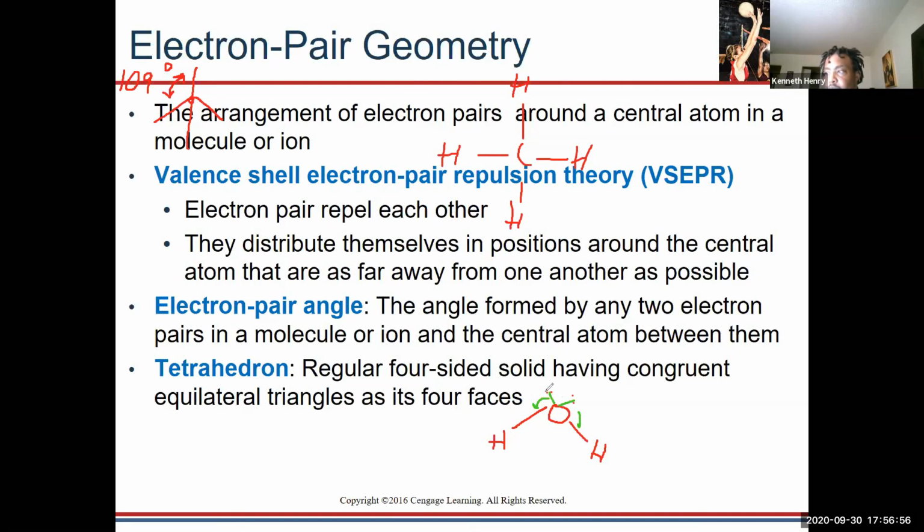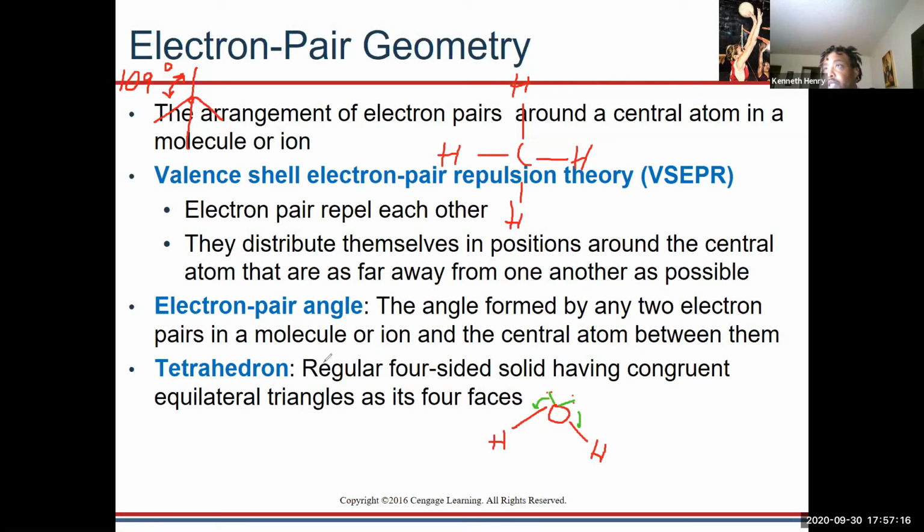So this would be 1 attachment, that would be 1 attachment, this would be an attachment, this would be an attachment. How many total attachments are there? 4. So when there are 4 attachments, we refer to this as tetrahedral in terms of the shape. It's going to form a shape similar to this.